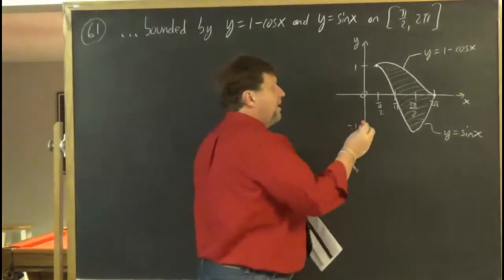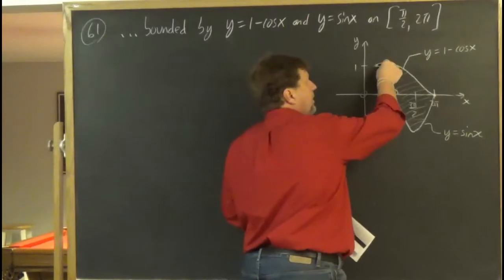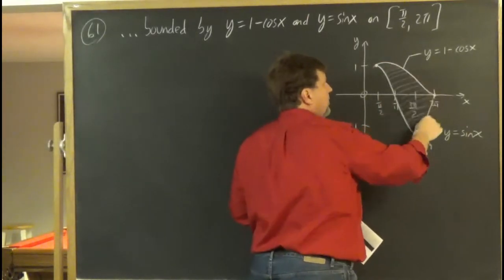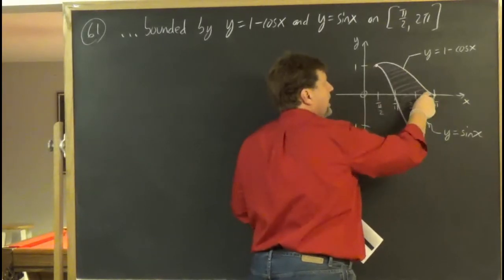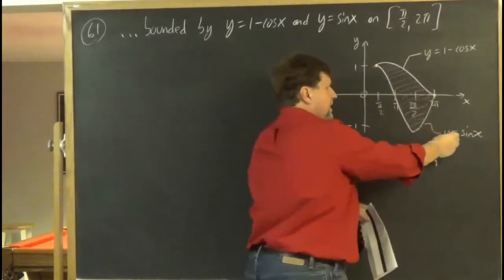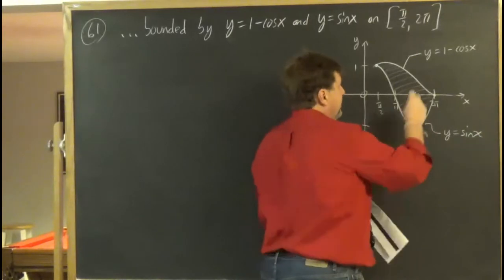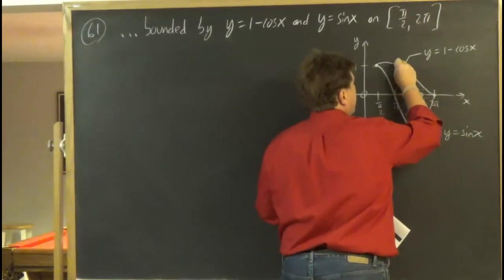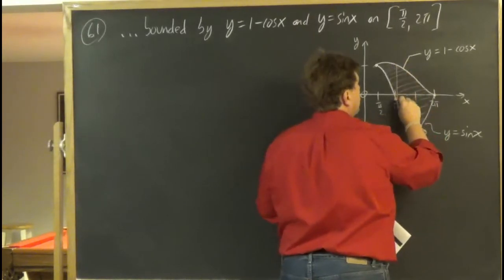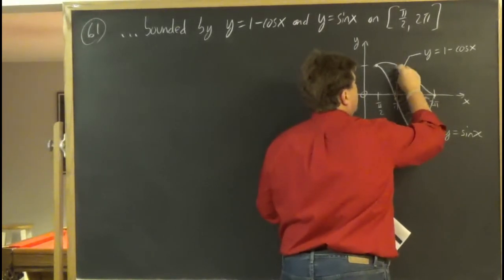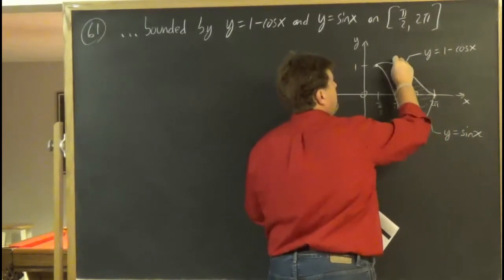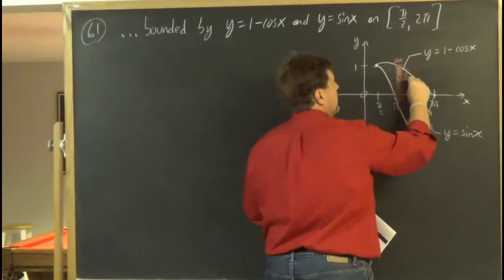Notice, no matter where I put a vertical rectangle in this region, 1 minus cosine x would be the top curve, sine x would be the bottom curve. So I'm just going to arbitrarily put a vertical rectangle about right here. Let me do my normal shading. The base of the vertical rectangle is delta x.